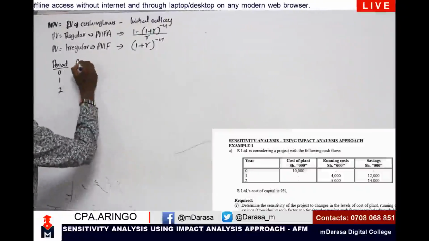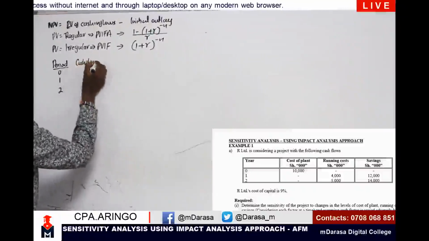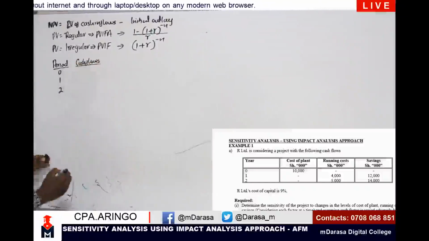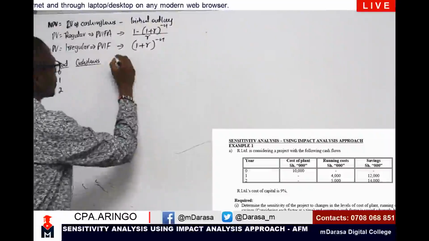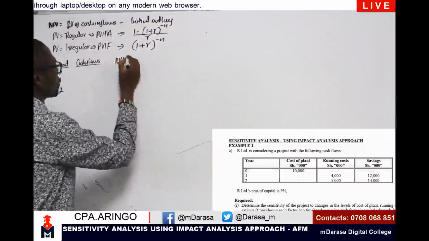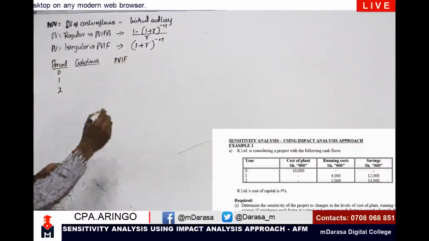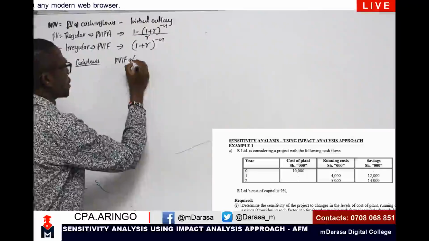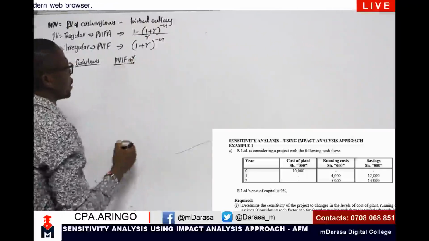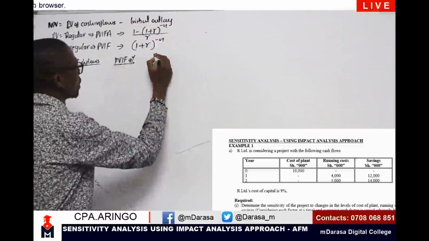What will be our cash flows here? Our cash flows and present value interest factor, given our rate. In this case, our examiner had given us what? 9%, right? Then I should be having our PVs here.